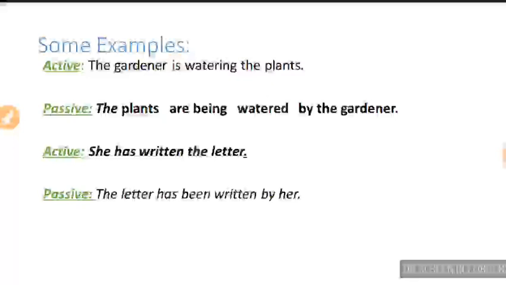The first step, the object will be placed in place of the subject, the letter. Now the to be form has been. Now the past participle, the third step, written, and the last step, by her. She will be changed into its objective case, by her.